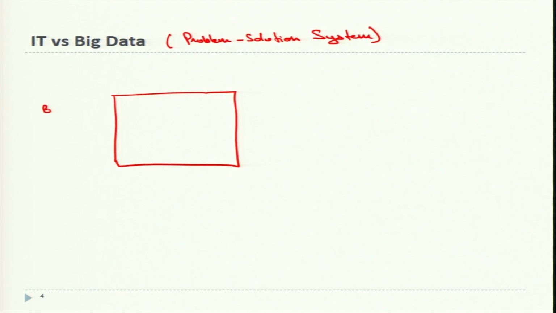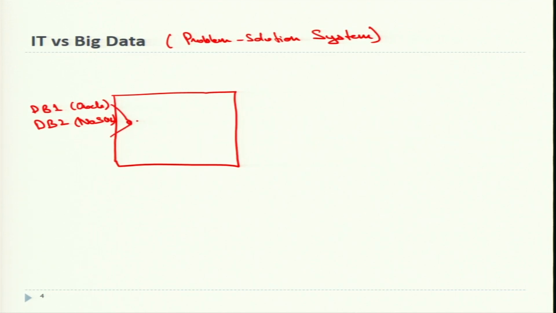Let me say this is database 1, and we have database 2. This database could be Oracle-based data, or maybe it could be NoSQL data. It goes as input in the system.